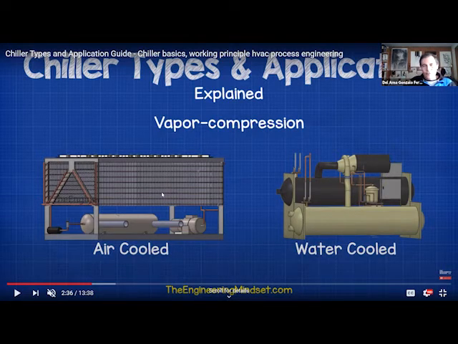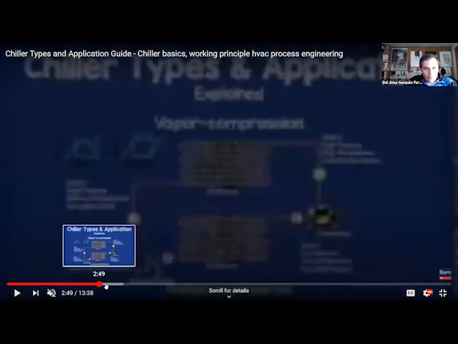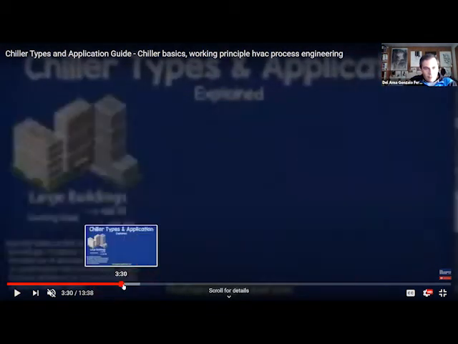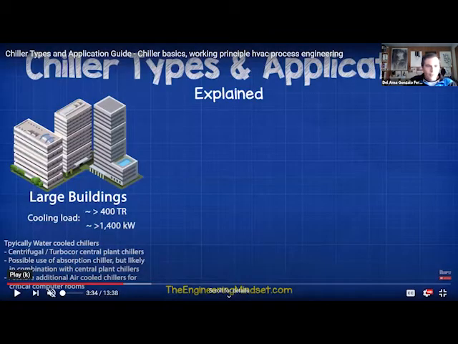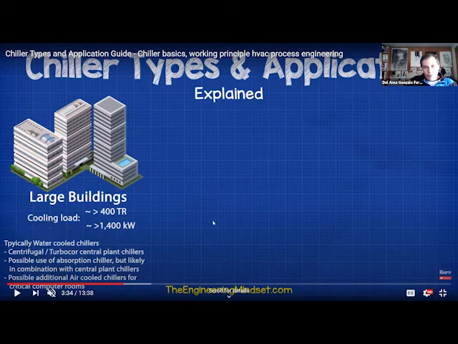So if we're using chillers to cool down the building, the first decision that we have to make is the air-cooled one or the water-cooled one. What is the factor that makes us decide on one or the other? Okay, so for large buildings, we are using the water-cooled chillers.